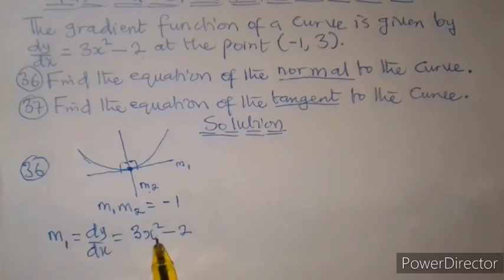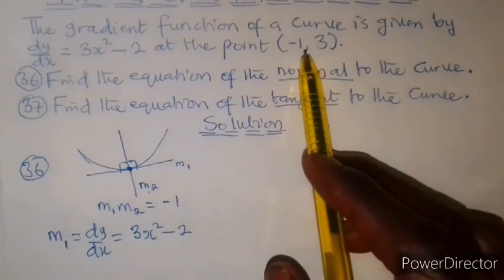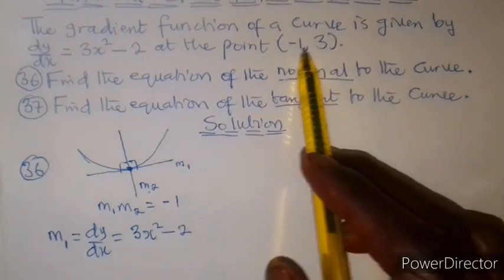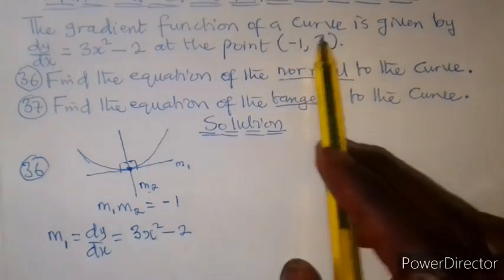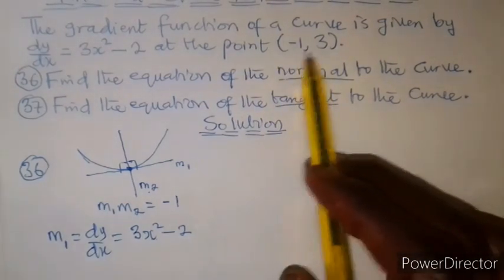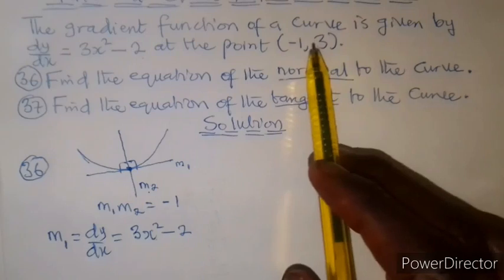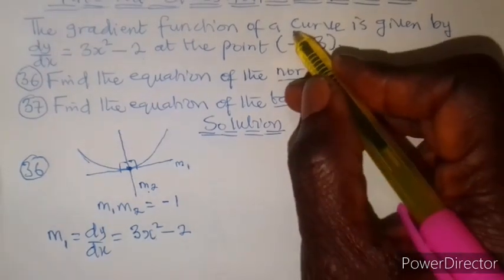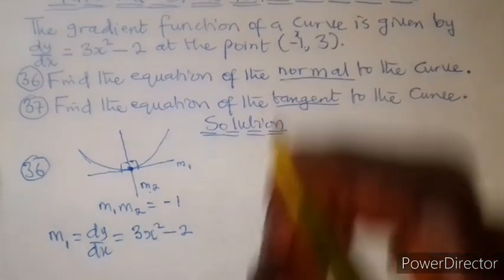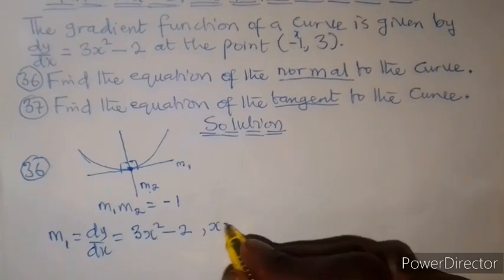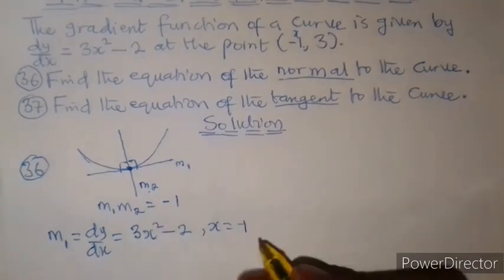Now how do we get the value for x? From the question, we are told that (-1, 3) is the point through which the gradient is located, and it is located at that point where x is equal to minus 1. So we are going to put x equals minus 1 here.